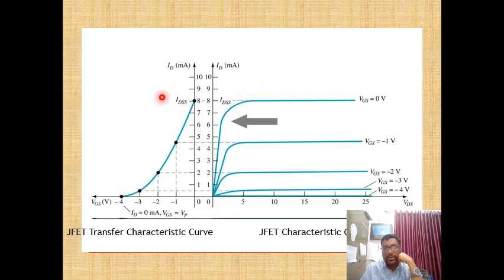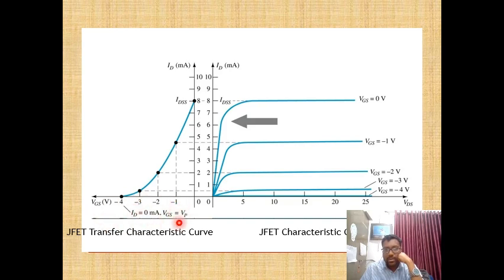Now on the left side we are seeing the transfer characteristics of JFET, where the negative x-axis is VGS and the y-axis is ID. With increasing gate voltage, the ID is increasing.